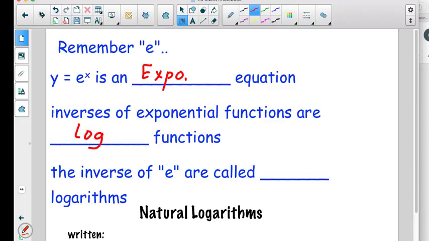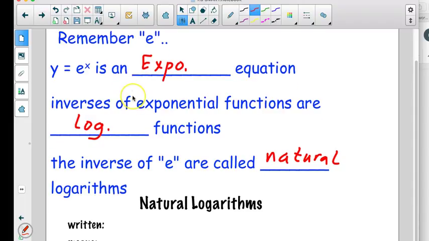Logarithmic functions. I'm just going to write log. The inverse of e, they're called natural logarithms. That's what we're going to be using to simplify equations that involve e, or natural logarithms.